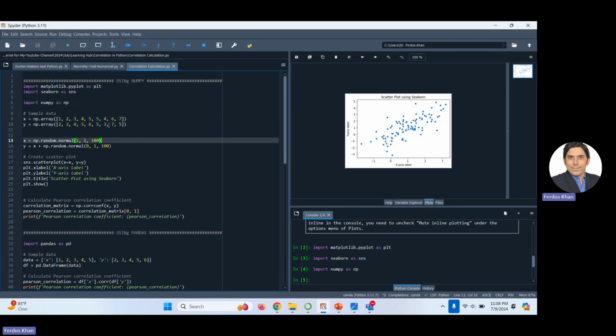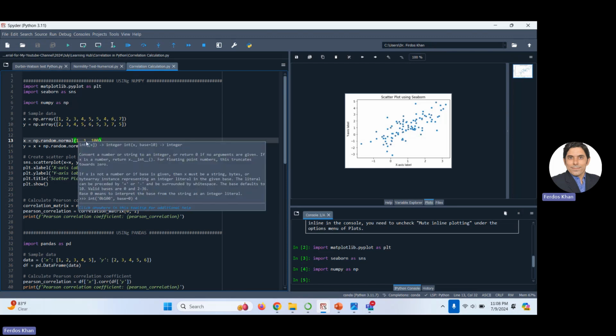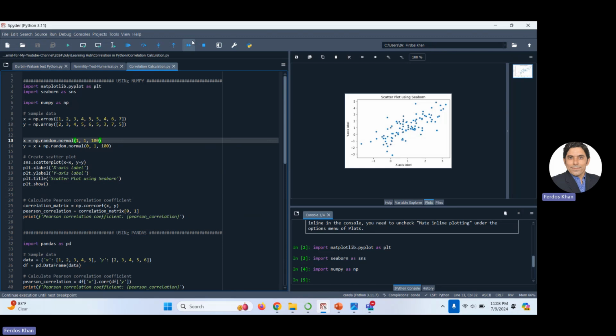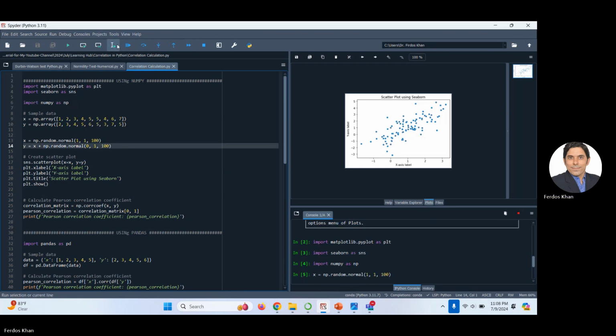You can use this data as well, and of course you can use your own data from your file, or from online. So just draw this data. This is x, np.random.normal: draw values from a normal distribution with a mean of 1, a standard deviation of 1, and 100 observations.